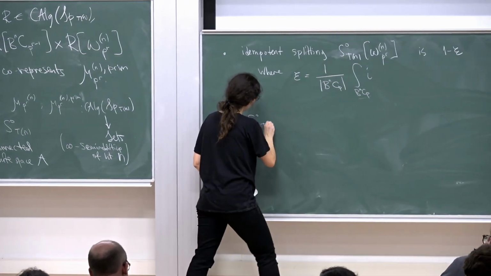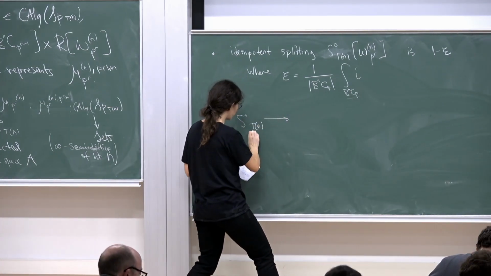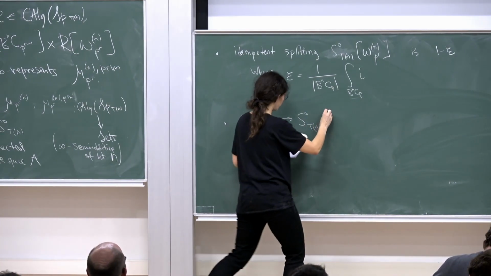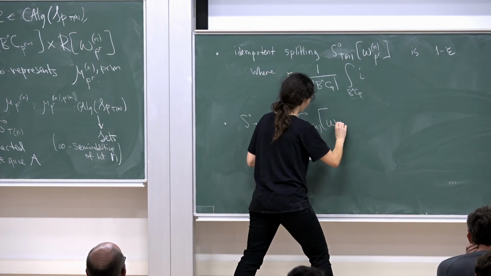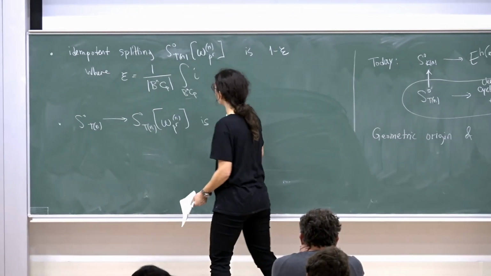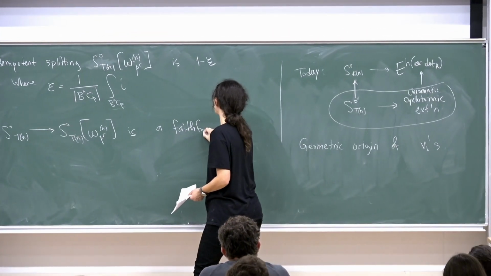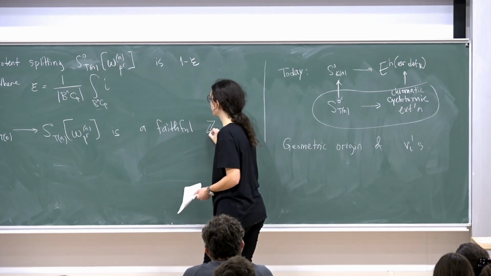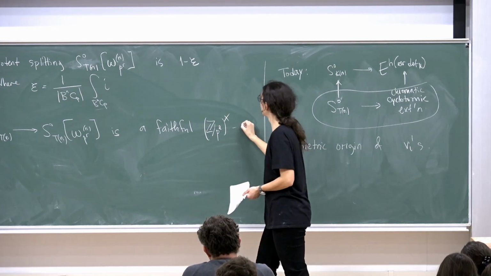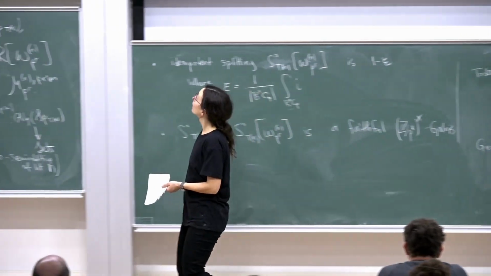The Tn, so if we look at this Tn local sphere, the corresponding extension is a faithful Galois extension for the group Z mod p to the k units. And where's the action coming from?